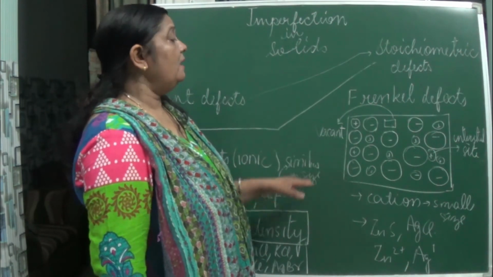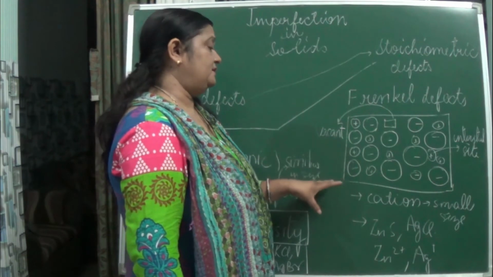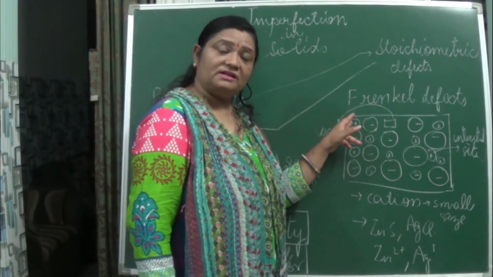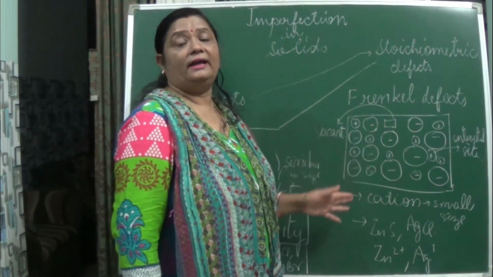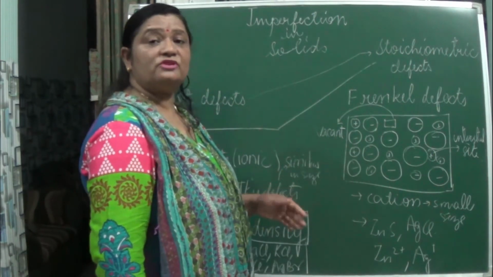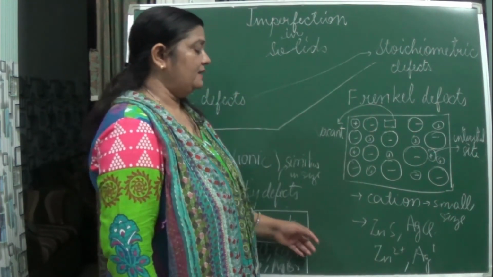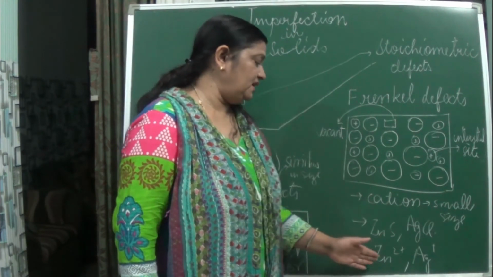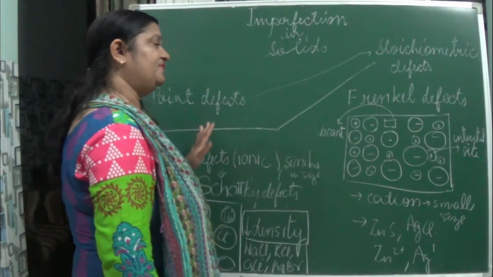Here the main property of this kind of solids is that the cation, meaning the positively charged ion, is smaller in size, and the anion is larger in size. The best examples we can see are zinc sulfide and silver chloride, with Zn2+ ions and silver ions. You can see the size is very small in nature.